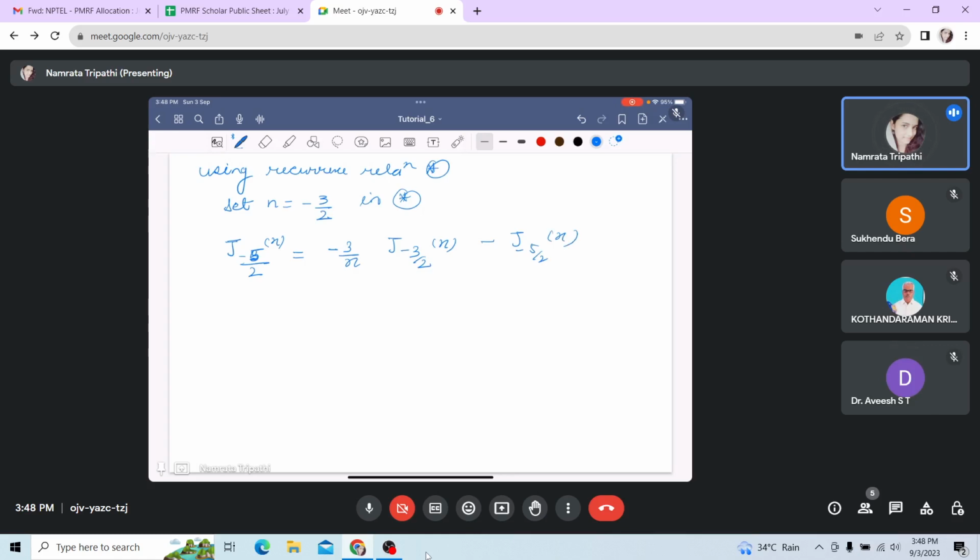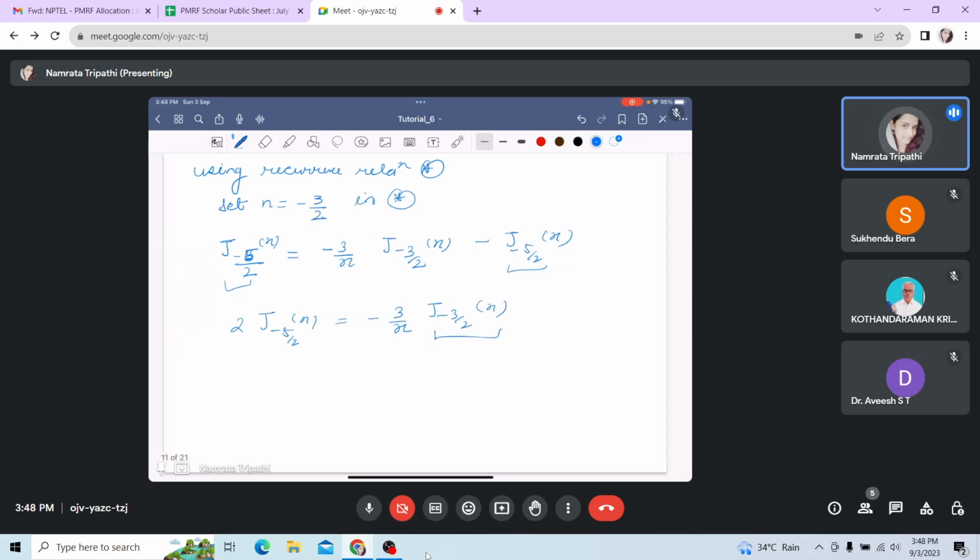So you can take these together. So 2 of z minus 5 by 2 of x minus 3 of x z minus 3 upon 2. So you have to calculate z minus 3 of 2.